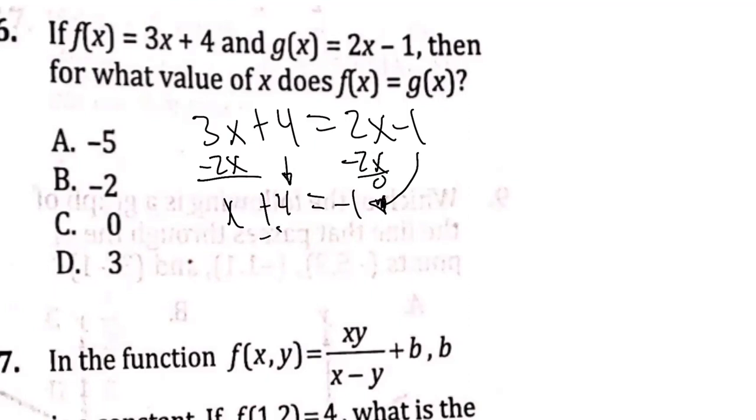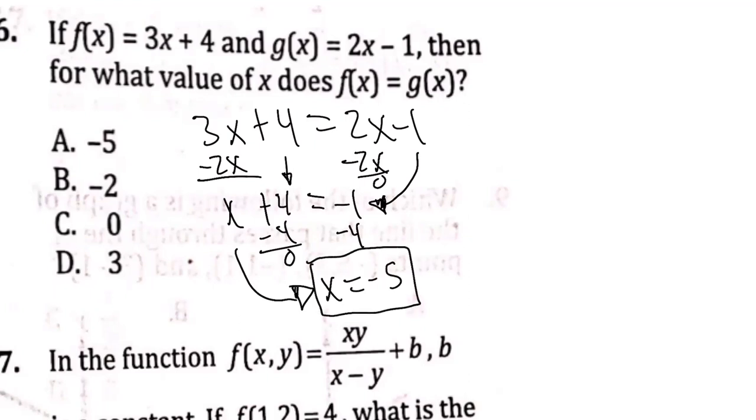So minus 4, minus 4. Then x equals negative 5. That is your answer, A.